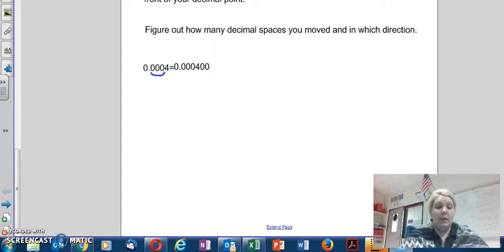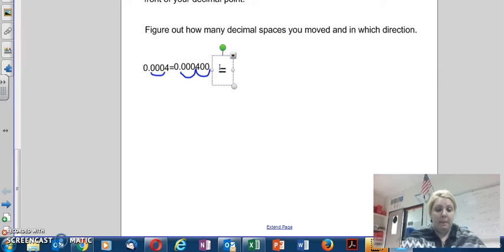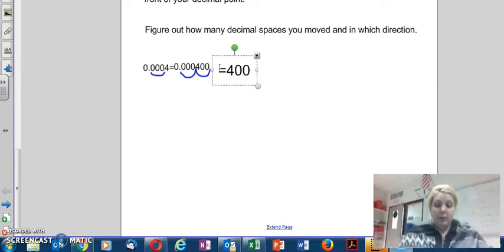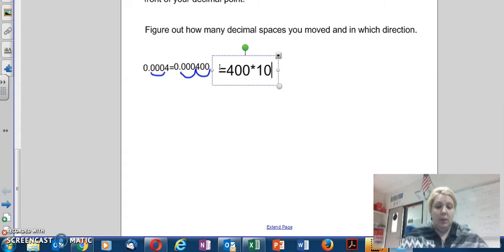All I'm doing is adding precision. So now I can easily move another set of 3. So my final answer is going to be 400 times 10 to the negative 6, because I went twice and I went to the right.